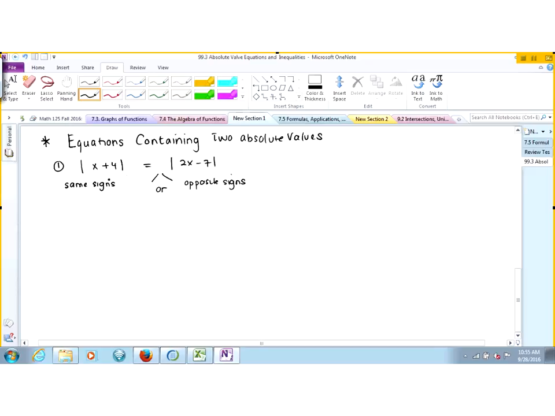So by same signs I mean x plus 4 equals 2x minus 7. That's the same signs. What about opposite signs? Yes, x plus 4 is equal to negative of 2x minus 7. So this is both positive, right? The second one is one positive, one opposite.